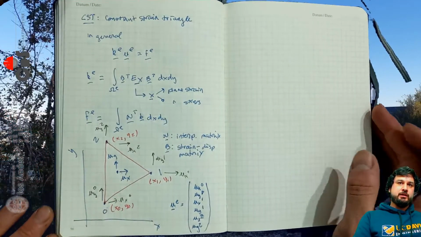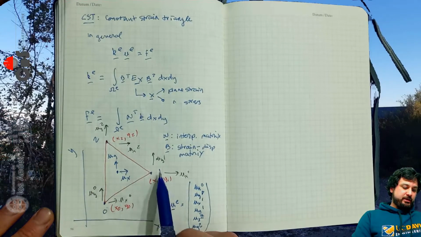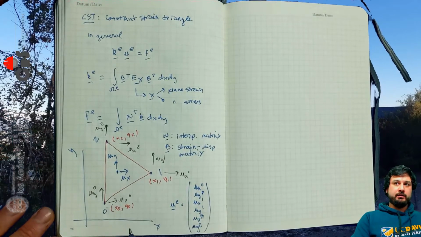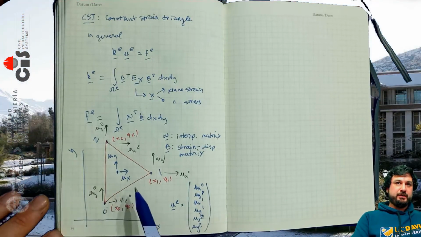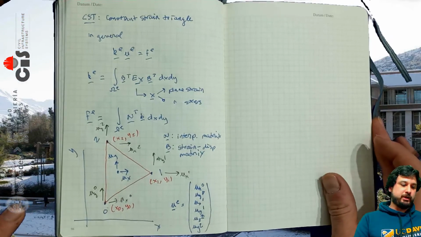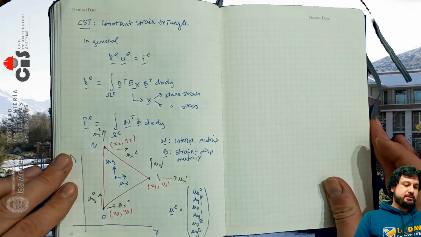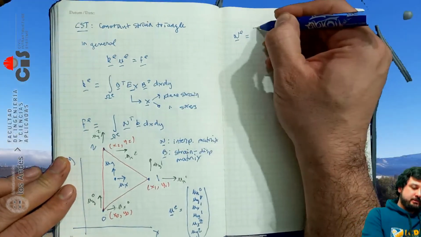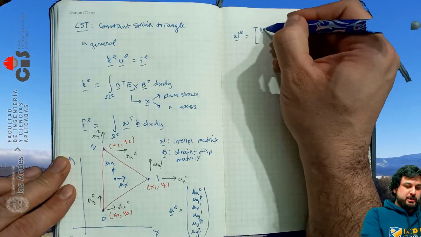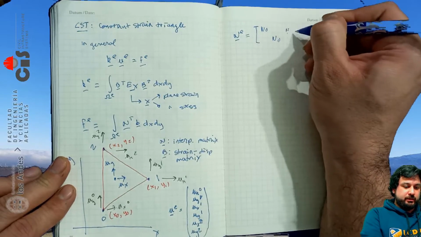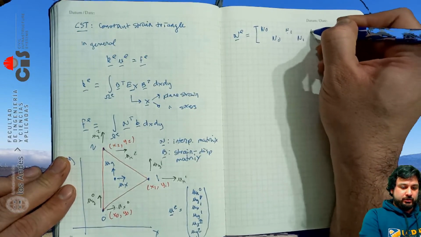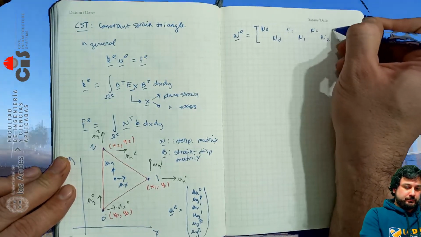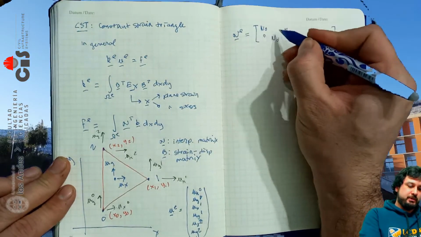It's supposed to give us, given the degrees of freedom, what is the displacement field inside the element. In this case, our interpolation matrix is specialized to just the three nodes that we have, so it has that structure. These are zeros.